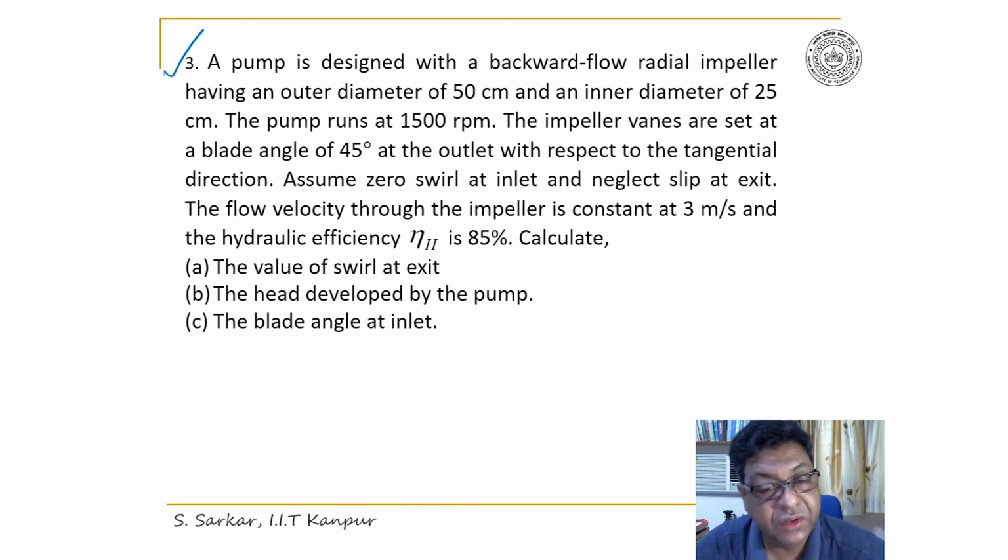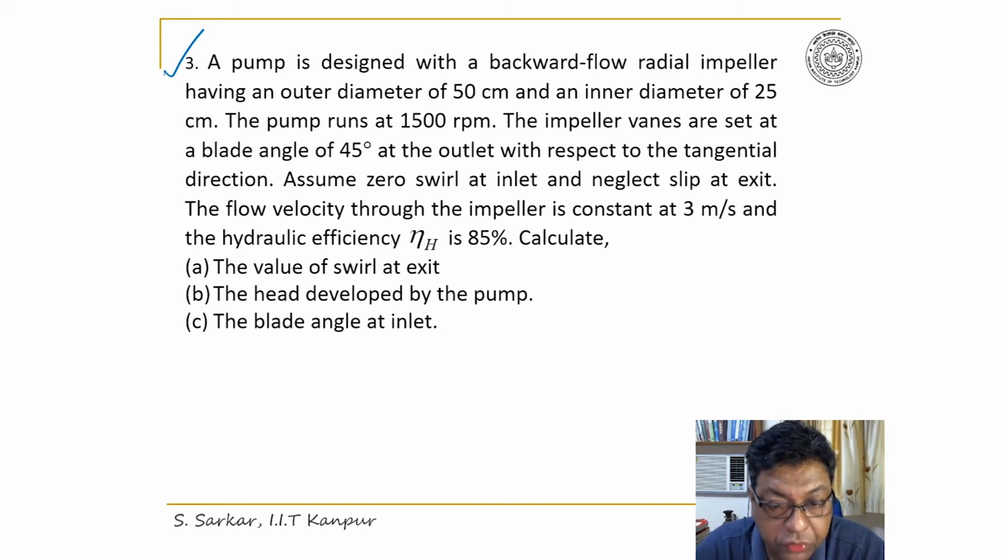The pump runs at 1500 RPM. The impeller blades are set at an angle of 45 degree at the exit with respect to the tangential direction. Assume zero swirl at inlet and neglect slip at exit.